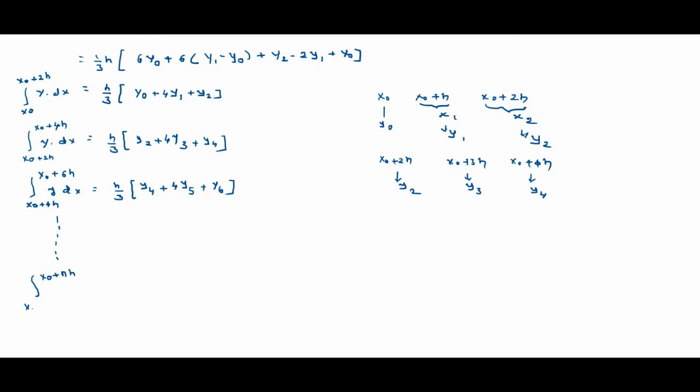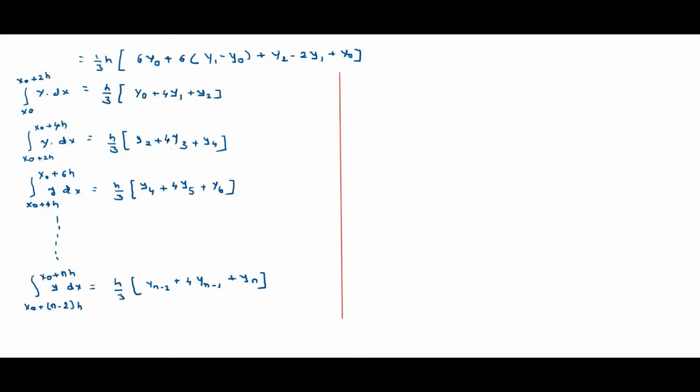The lower limit is x0 plus n minus 2 times h, and the integral of y into dx is equal to h divided by 3 times the bracket: yn minus 2 plus 4 yn minus 1 plus the last term yn. Adding all the above results.